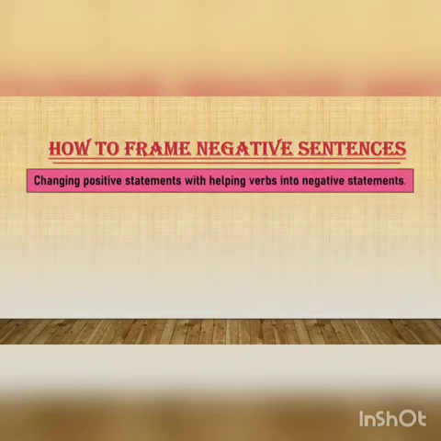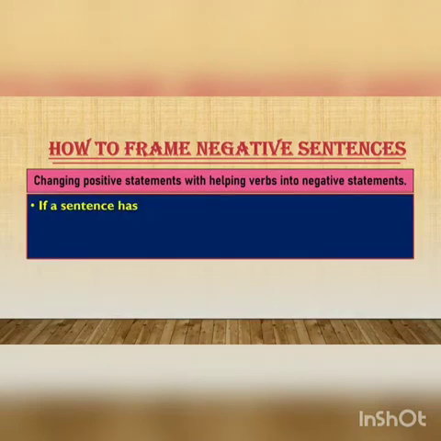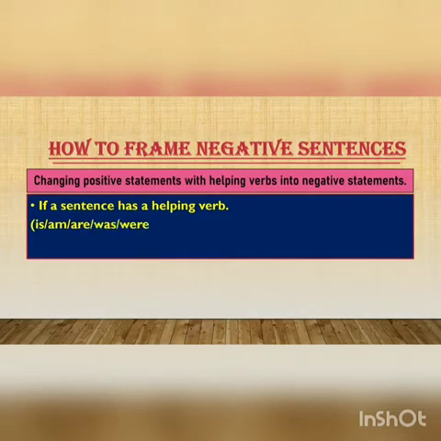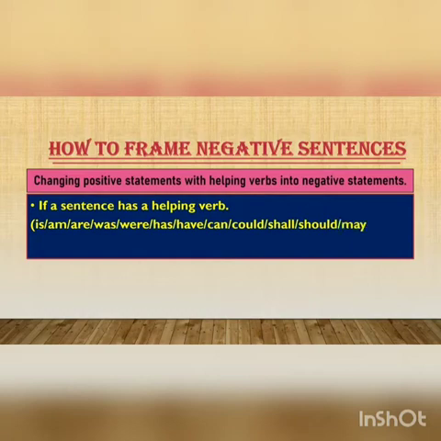The first one: changing positive statements which have helping verbs in them into negative statements. For that, you just have to read the sentence and find the helping verb in it.